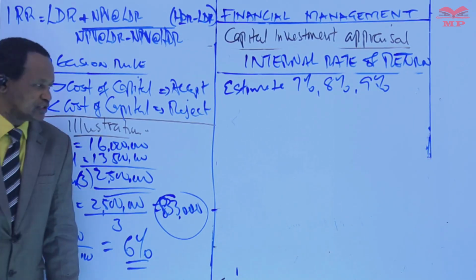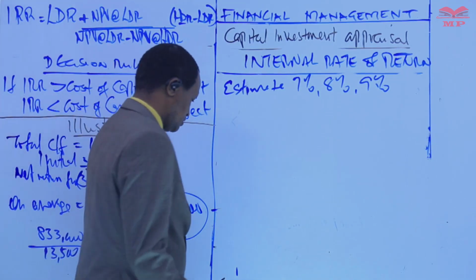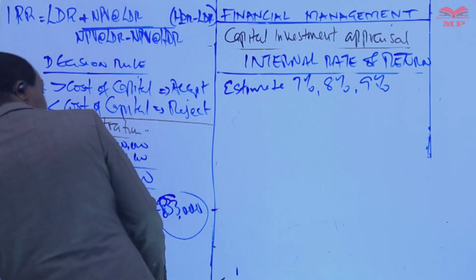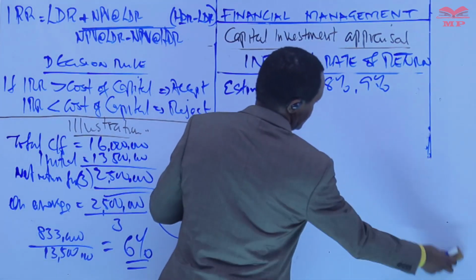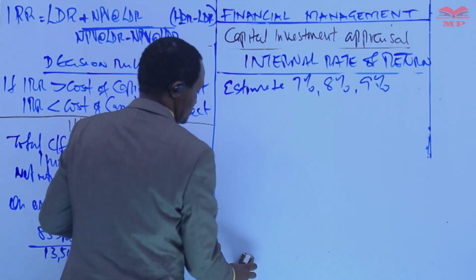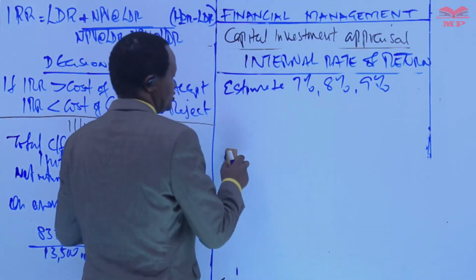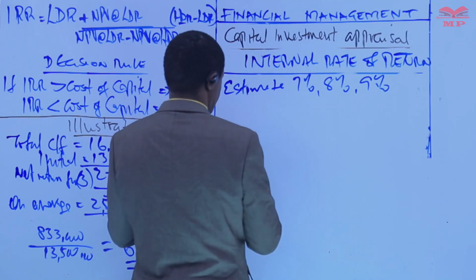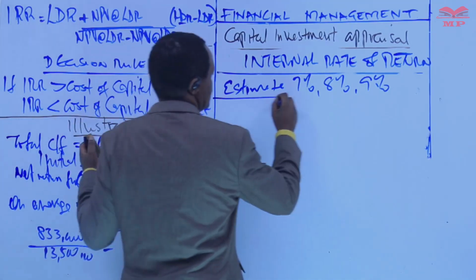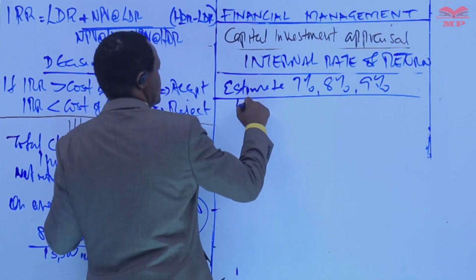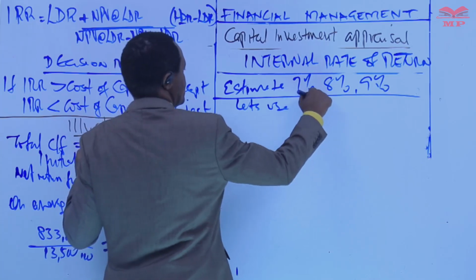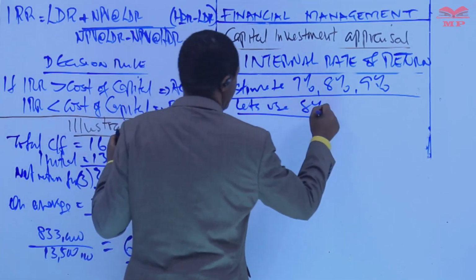But let's try the 8%. Let us use 8% to calculate the NPV of this project.